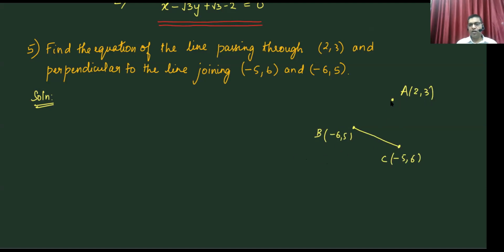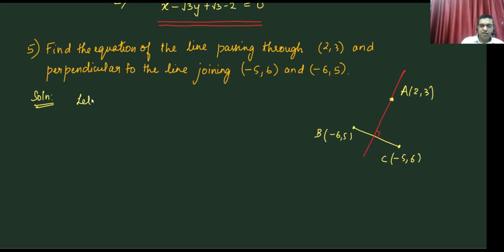Now we want a line which is passing through A and perpendicular to this line joining BC. Because we know these 2 points, we can find the slope of BC.